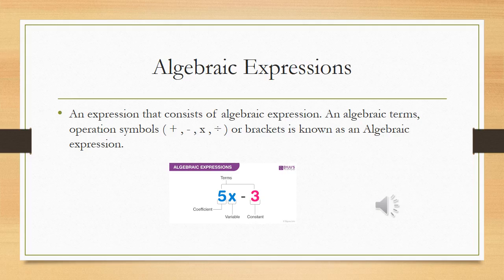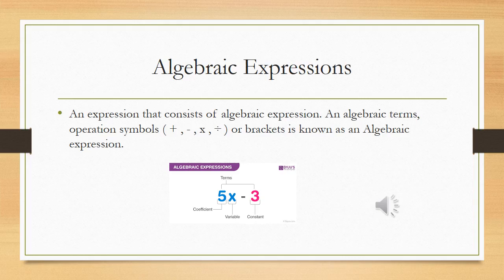Now coming towards algebraic expressions. An expression that consists of algebraic terms, operations, symbols, plus, minus, multiplication, division or brackets is known as an algebraic expression.